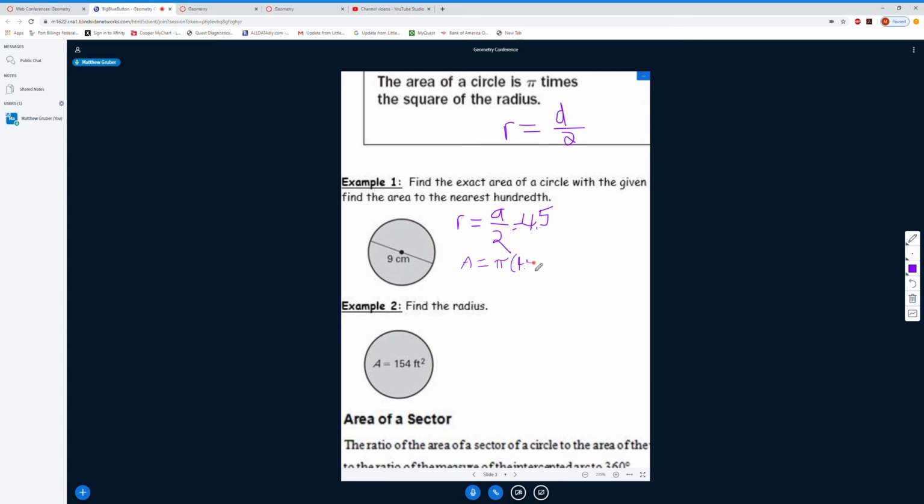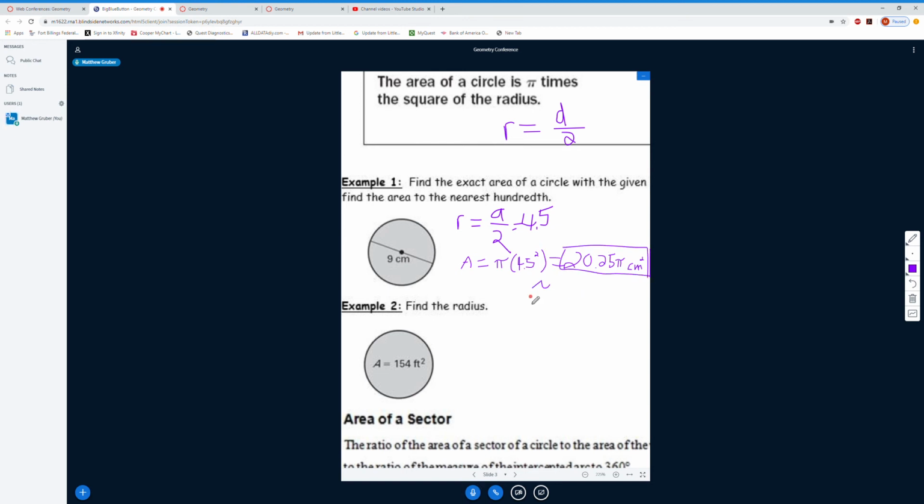You have to square the 4.5 first. So our exact answer, if you do 4.5 squared, you get 20.25 pi. So that's our exact answer, and it's centimeters, and since we're dealing with area, our units are squared. So our exact answer is 20.25 pi centimeters squared.